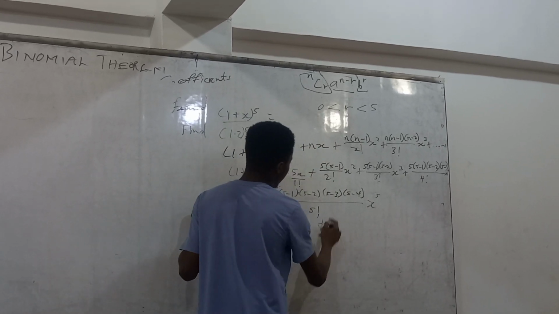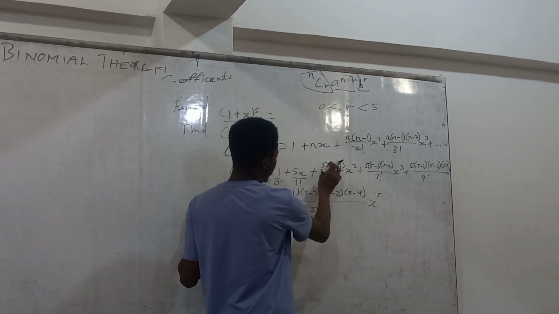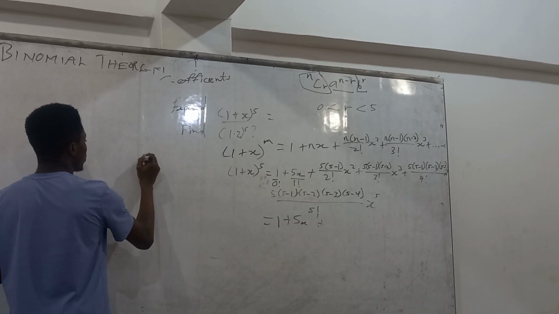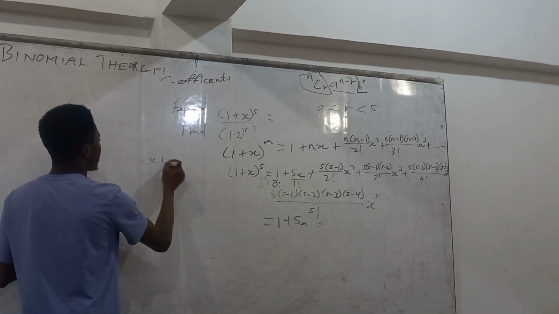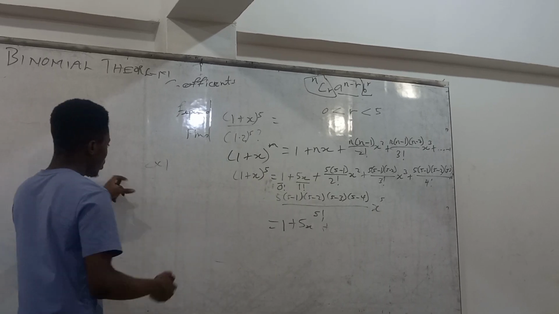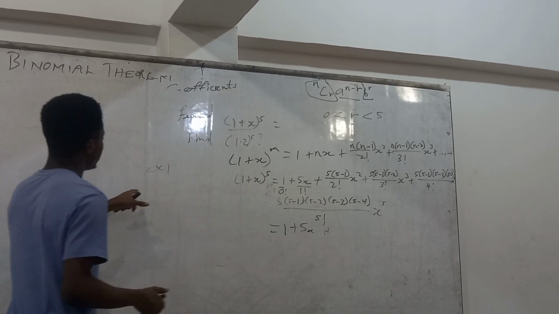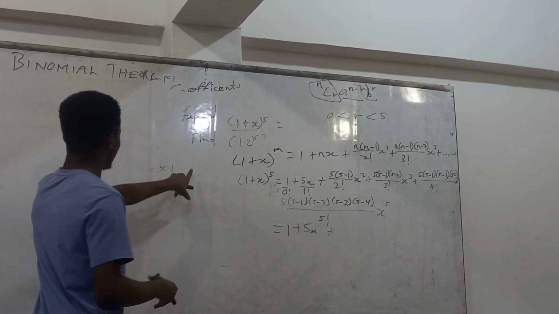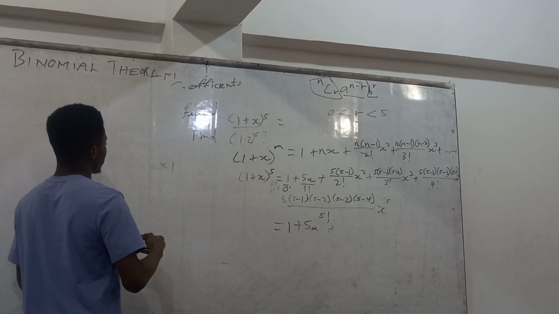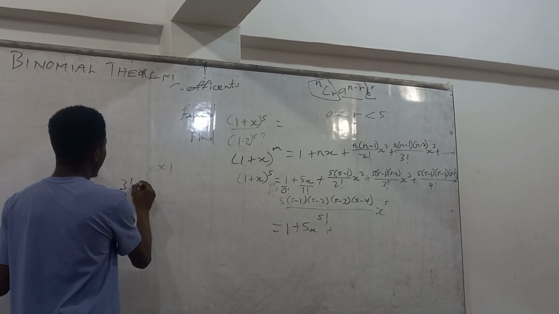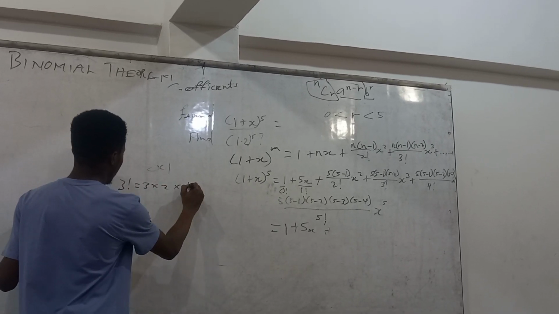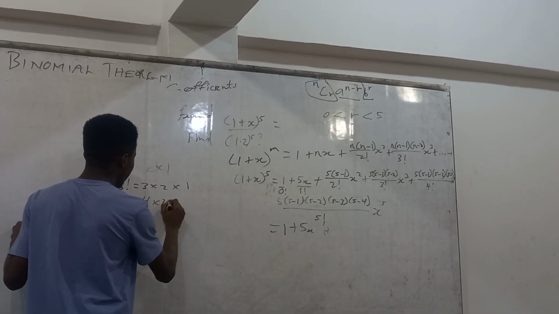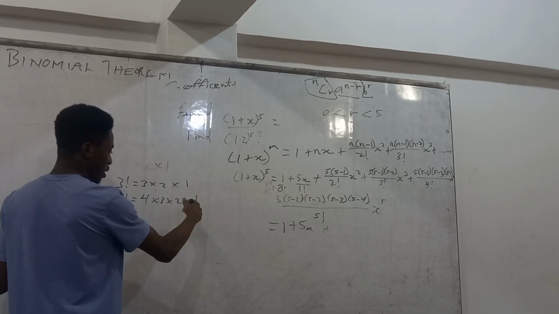So here becomes 4 times 5, 20. 2 factorial means 2 times the number that precedes 2, so 2 times 1 is 2. If you see 3 factorial, it means 3 times 2 times 1. So 4 factorial will be 4 times 3 times 2 times 1. That's how we do it.